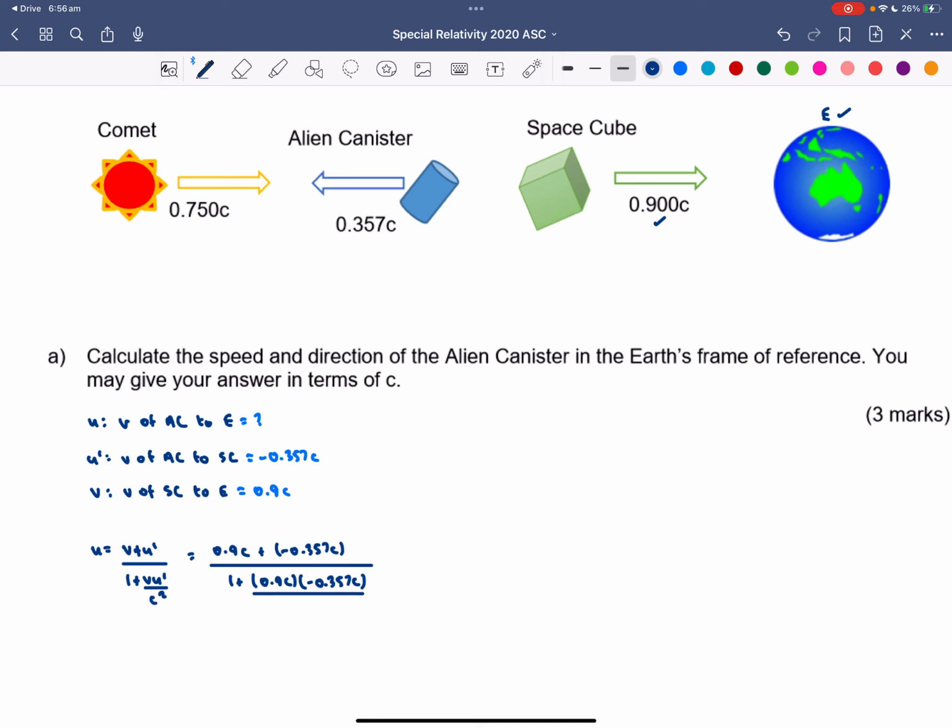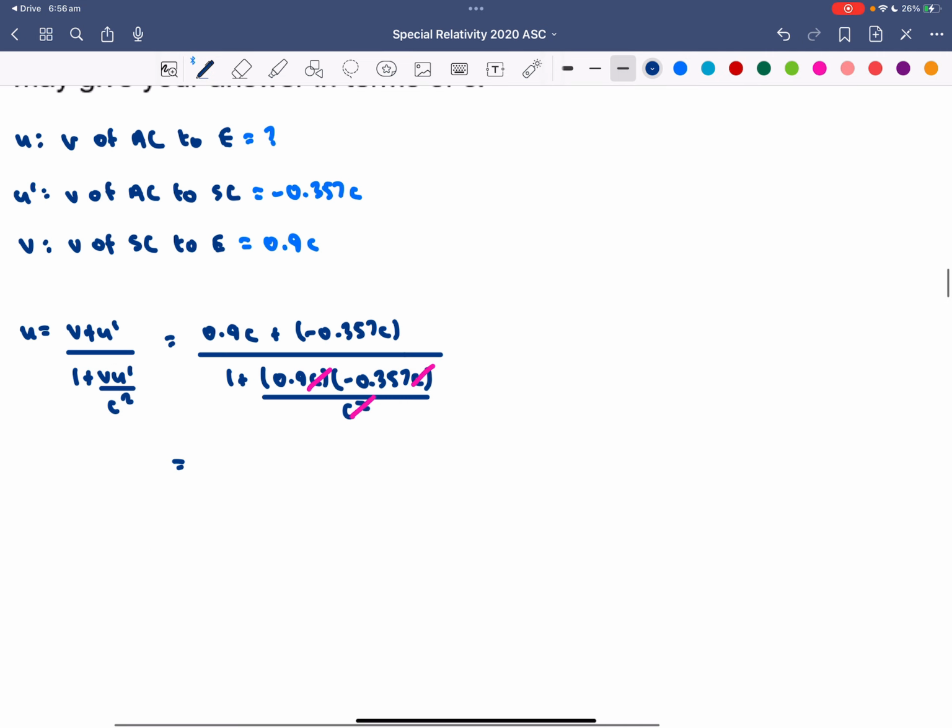C squared just crosses out. So what we have at the end of the day is 0.9 take away 0.357, all over 1 take away 0.9 times 0.357. Perfect.